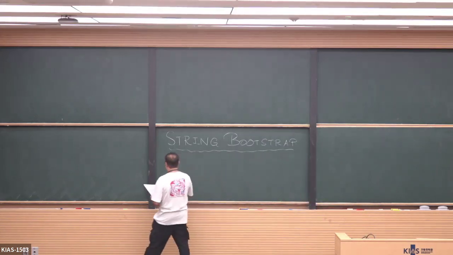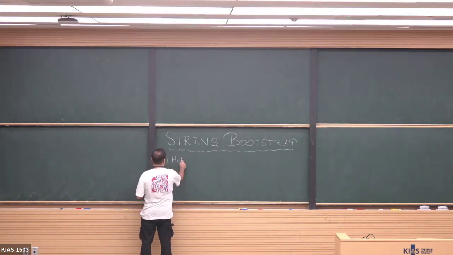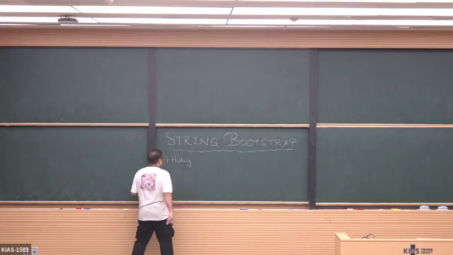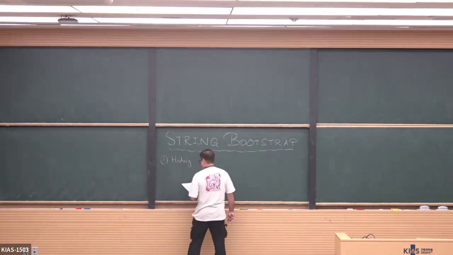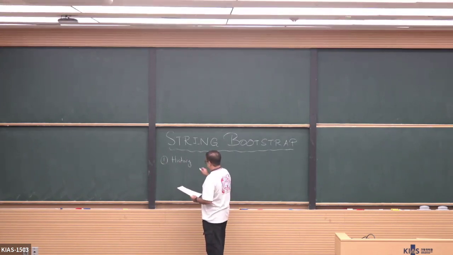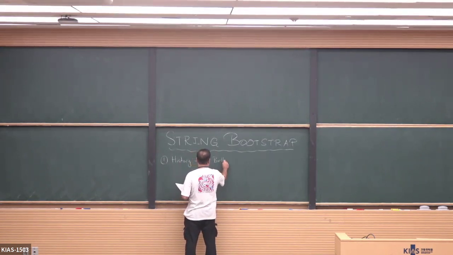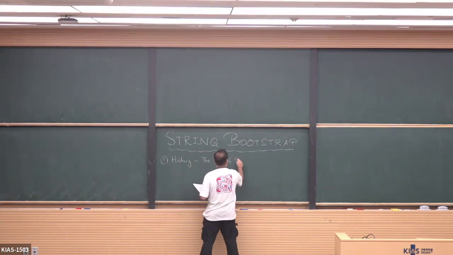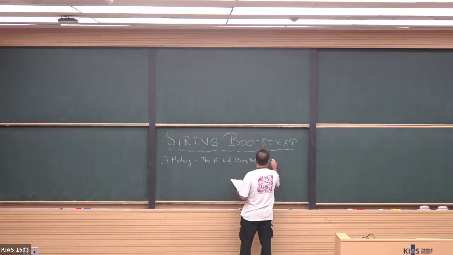And the plan of my lectures is that in the first lecture, I'm going to tell you about the historical origins of string theory. This is usually never covered in any standard textbook. And so the reference for this part is going to be a beautiful collection of reviews in the book called The Birth of String Theory, edited by Capelli et al., CUP 2012.